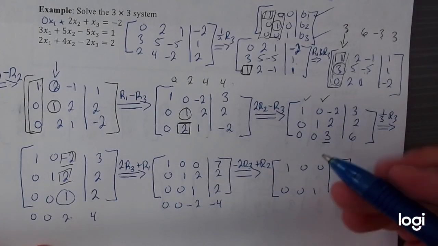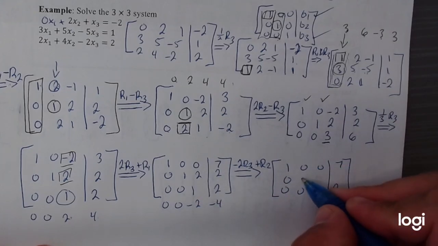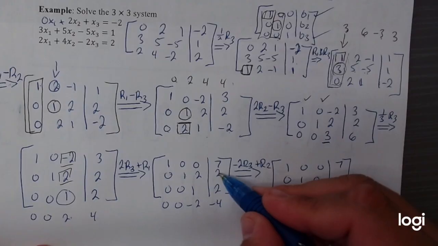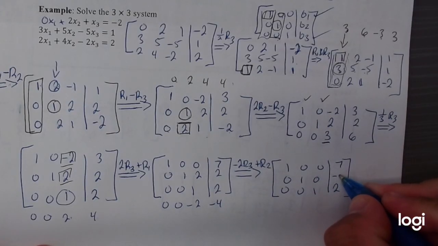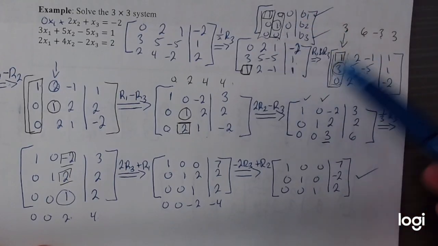Okay, 0 plus 0, 0. 1 plus 0, 1. 2 minus 2, 0. 2 minus 4, -2. And look at that. We're done. We got a result.